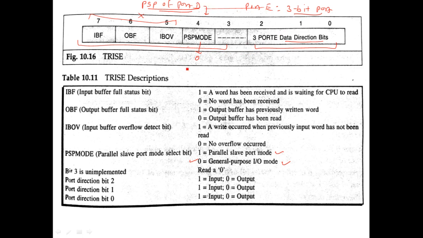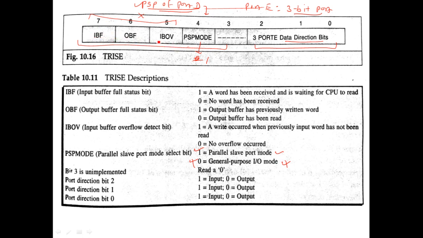But when you set this bit, you are going for the PSP option. In that case your port D will work as PSP, parallel slave port, and that port will require handshake signals. Those handshake signals are stored or indicated by these 3 bits.